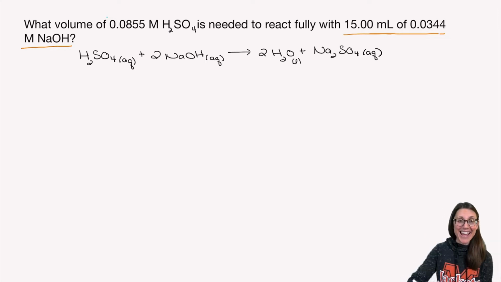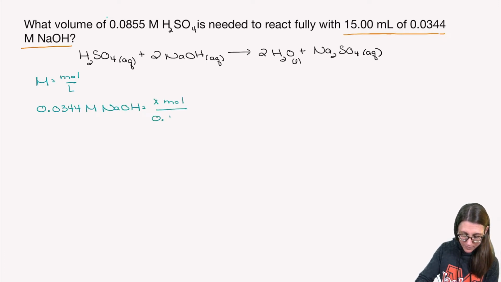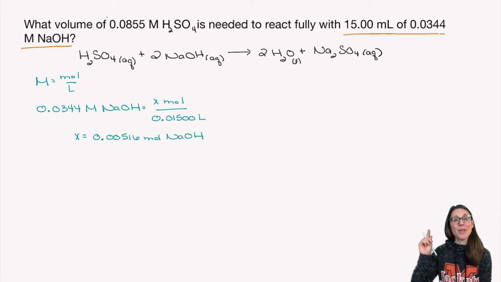We are going to take that and use our molarity equation to convert to moles. I do want to point out that the question gave us milliliters. When you use the molarity equation, convert it to liters first.